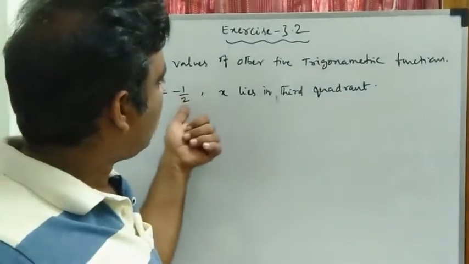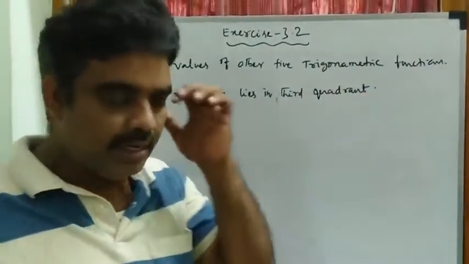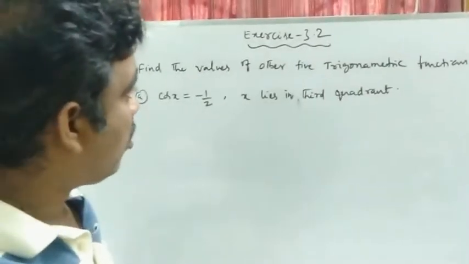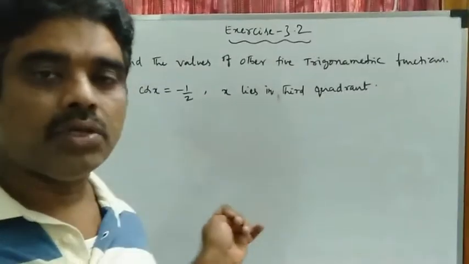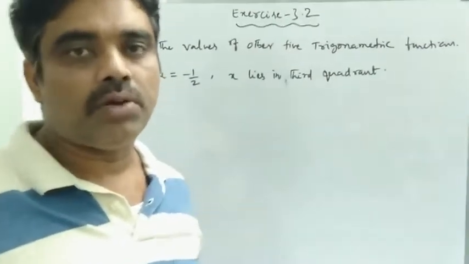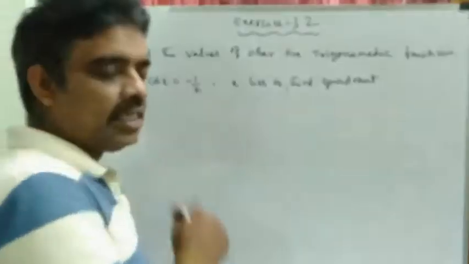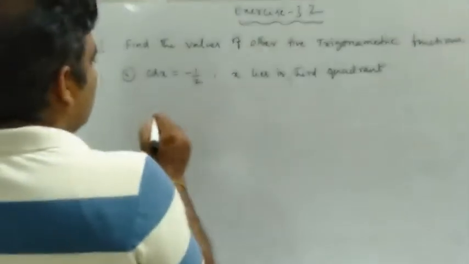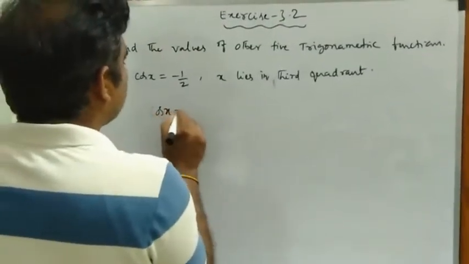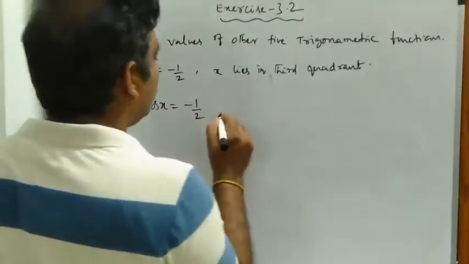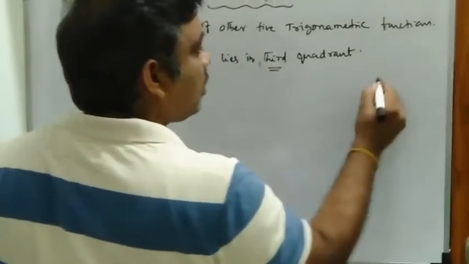equal to minus half, x lies in the third quadrant. So other 5 trigonometric functions means sin x, tan x, secant, cosecant, cot. Those values you have to find out using this information. So here is the solution: cos x is equal to minus 1 by 2 and x lies in the third quadrant.